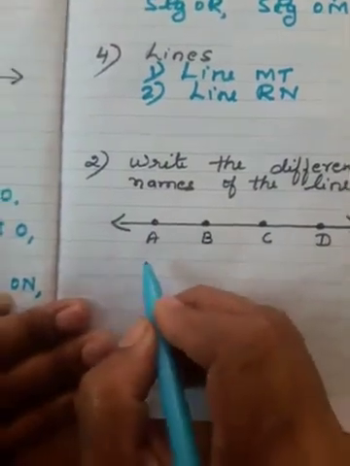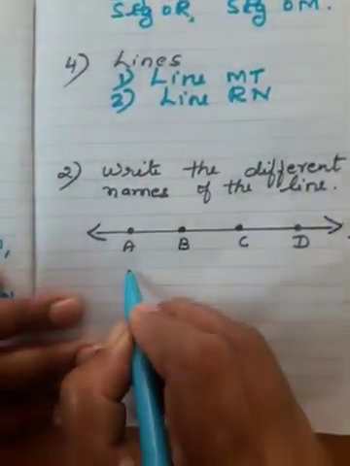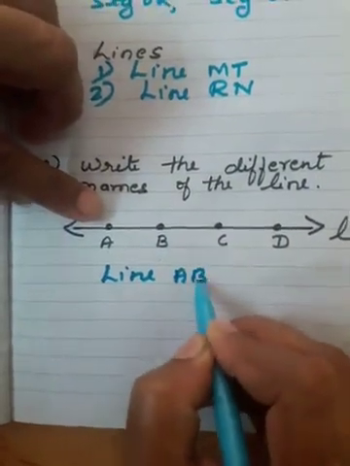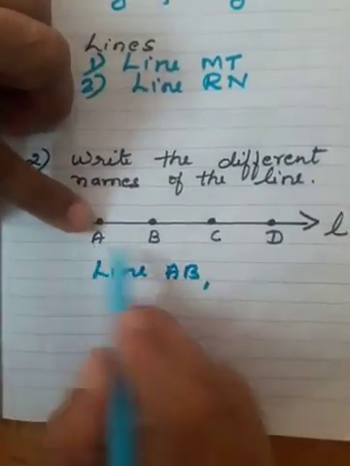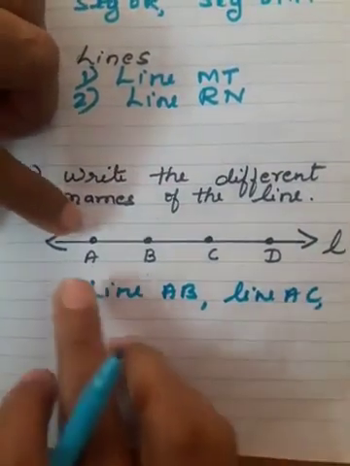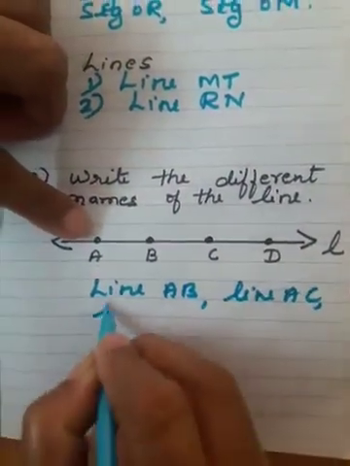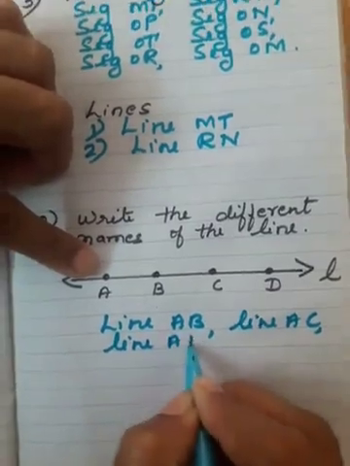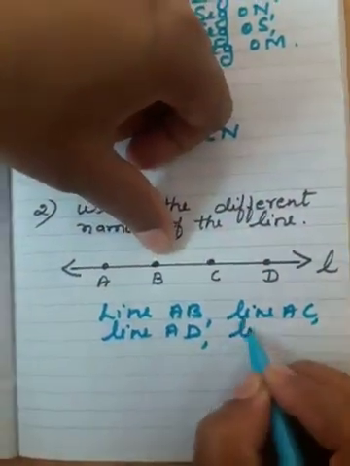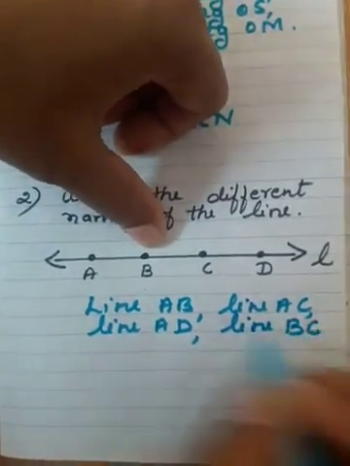So now I am going to write the answer now. So line AB. Okay. Next line AC. Next line AD. Okay, now start from B letter. So line BC.